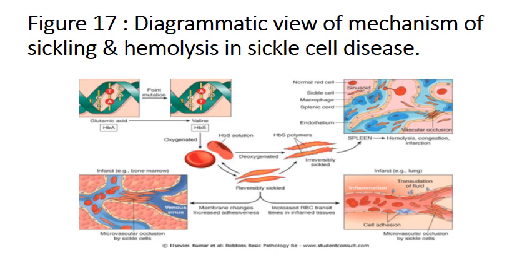When it is deoxygenated, there is polymerization, in the spleen or in the microvasculature, in the bone marrow, or in the organs, where there is slowing of the blood and more sickling takes place. And there is also another factor, macrovascular occlusions, and an increase in the RBC transit time in the inflamed tissue. So this is a description of what we have discussed previously.